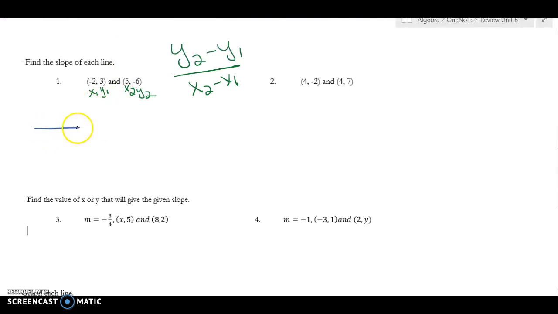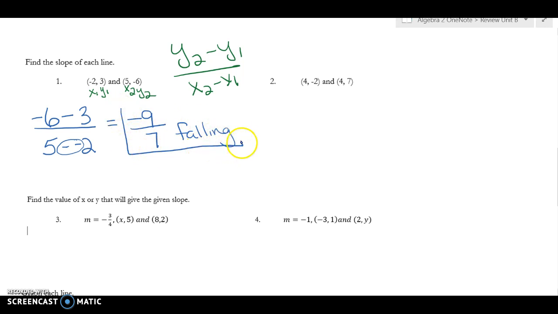I plug in y2 minus y1, so negative 6 minus 3, and x2 minus x1, so 5 minus negative 2. A negative 6 and a negative 3 is a negative 9. These become positive, so it's negative 9 over 7, which is falling. You do not need to make it a mixed number. It's actually better that slopes stay in proper fractions.